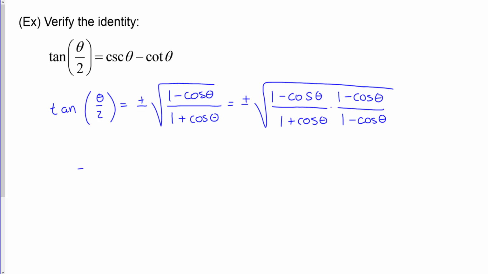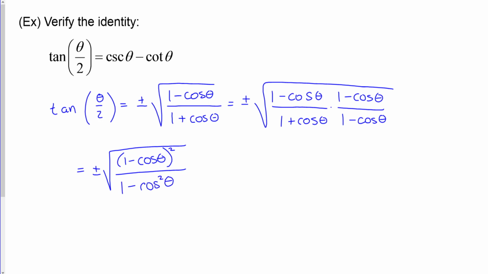Okay, so simplifying that, one thing that I notice is the numerator would become 1 minus cosine theta quantity squared. And I like that because that's a perfect square, and when I take a square root of a perfect square, that can disappear. The denominator would become 1 minus cosine squared theta.